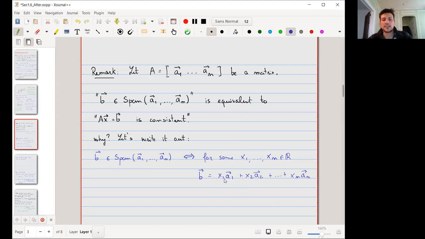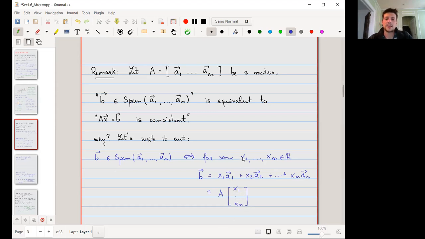Well, but remember that writing this expression, x1 A1 plus dot dot dot xn An, is the same as writing A times the vector (x1, ..., xn).